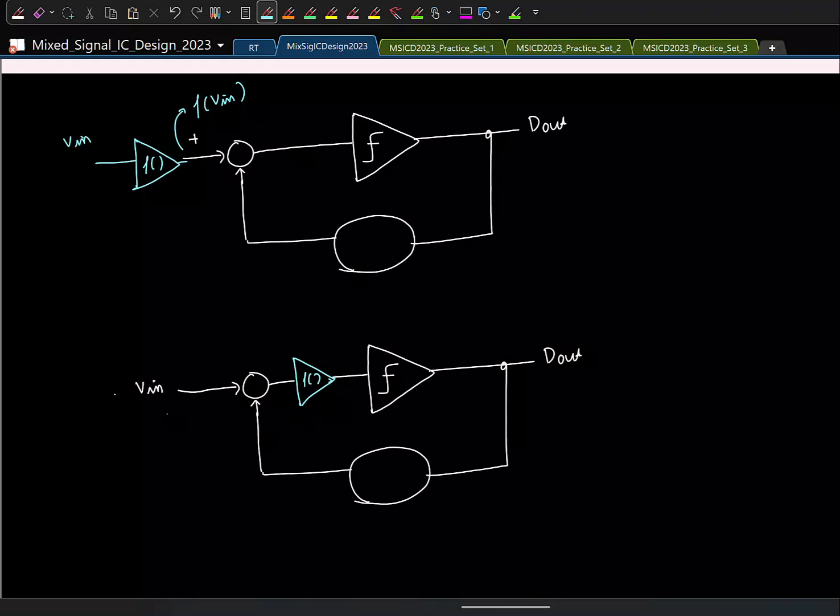All it knows is, you give me a signal, and I'll make sure my output feedback signal tracks it. And the input is also not given directly, we are buffering it. So this is one way in which you can do it. This is quite recently done, and this technique is usually called buffer-embedded SAR.